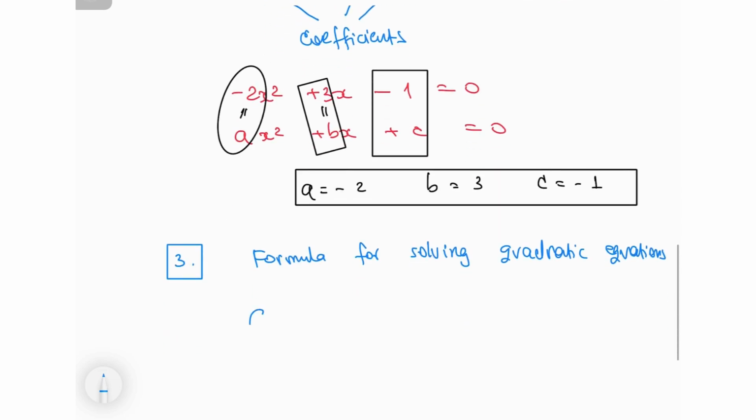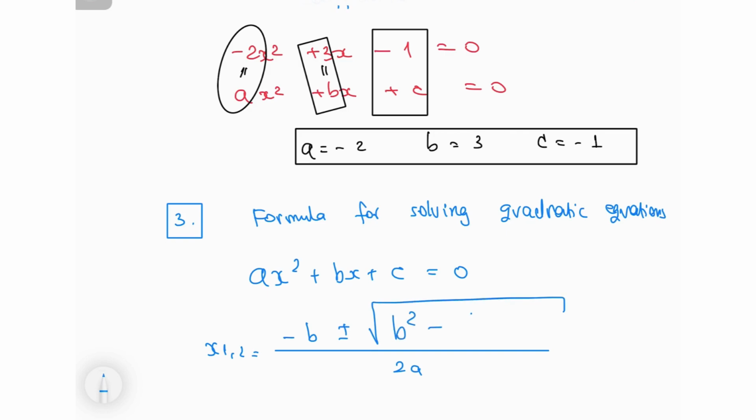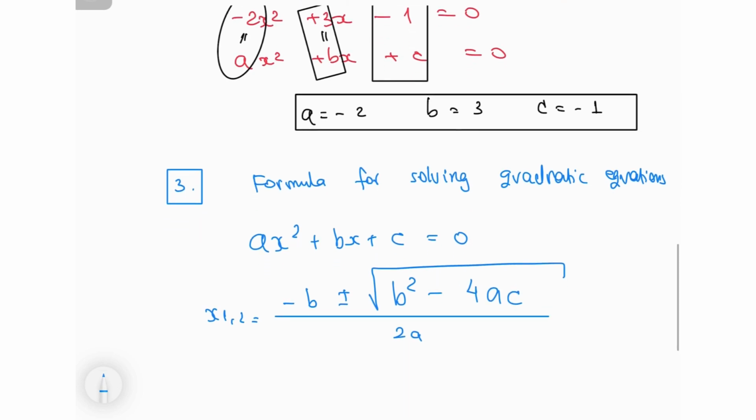So if we have ax squared plus bx plus c equals 0, then the formula is x equals minus b plus minus square root of b squared minus 4ac, in the denominator 2a. This is called the quadratic formula.